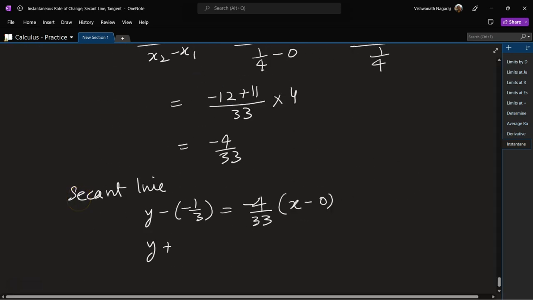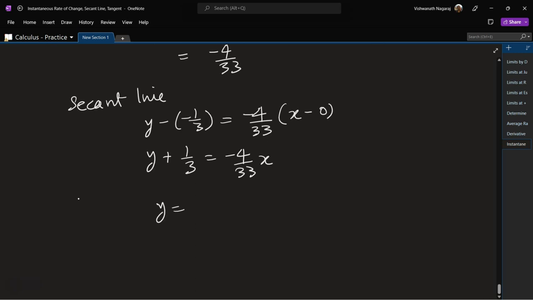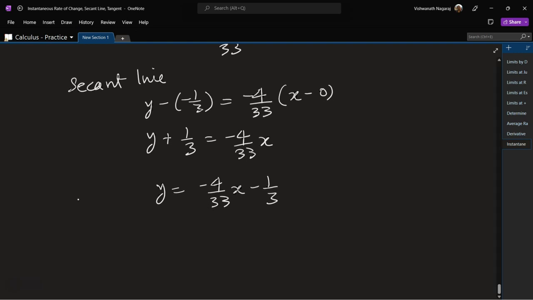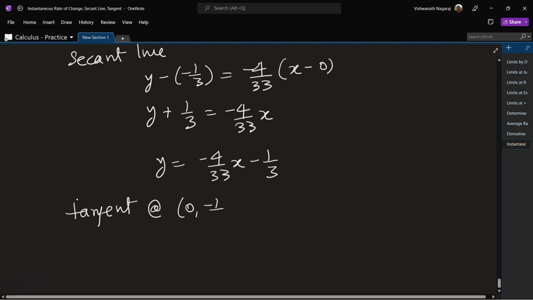Okay, so this gives us y plus 1 by 3 is equal to minus 4 by 33 x, which gives us y is equal to minus 4 by 33 x minus 1 by 3. Okay, that was the secant line. Now the tangent line, tangent at 0 comma minus 1 by 3.